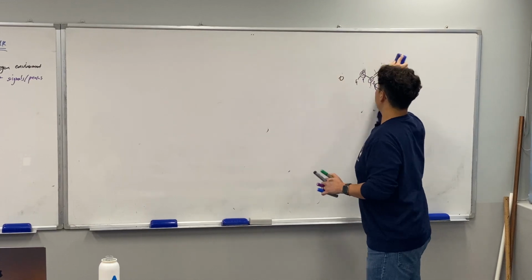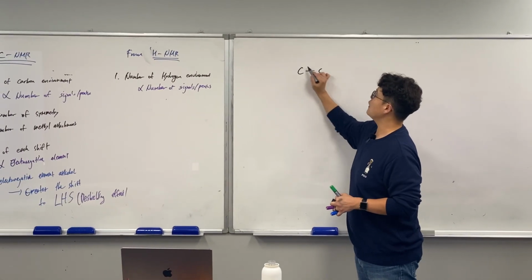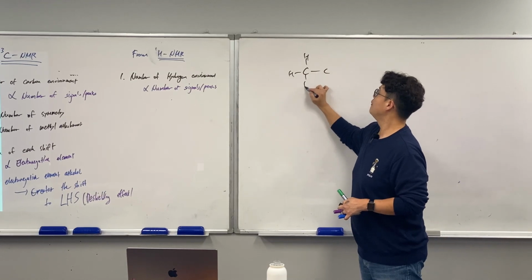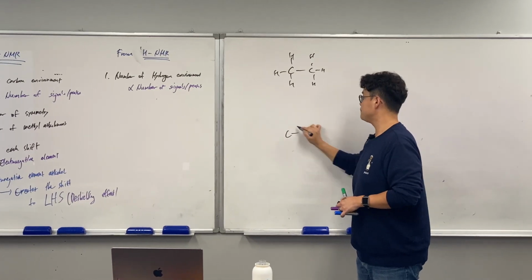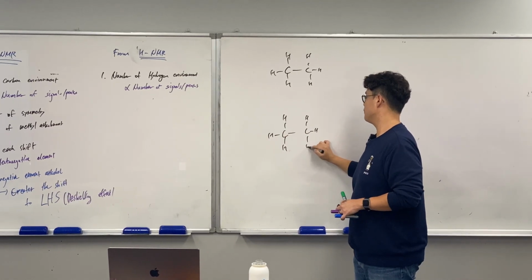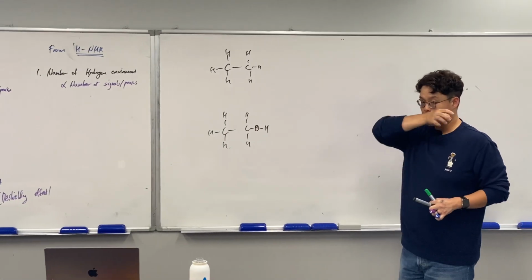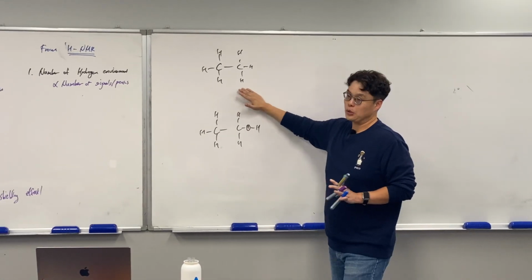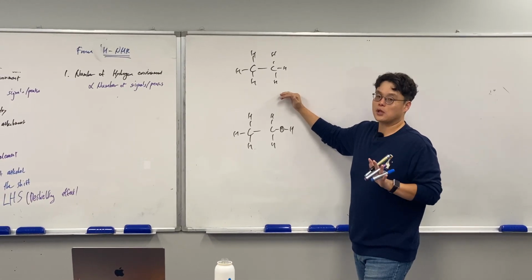So let me show some examples using two molecules. One is ethane. Another is ethanol. Let's start with ethane. The idea for the hydrogen environment is somewhat similar to the carbon environment.